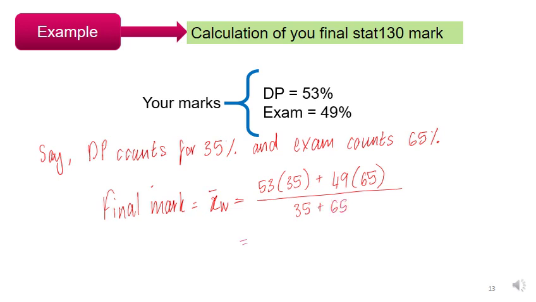And if you were to calculate that, your final mark would be 50.4%. Notice that the denominator is 100, where your weights are a total.